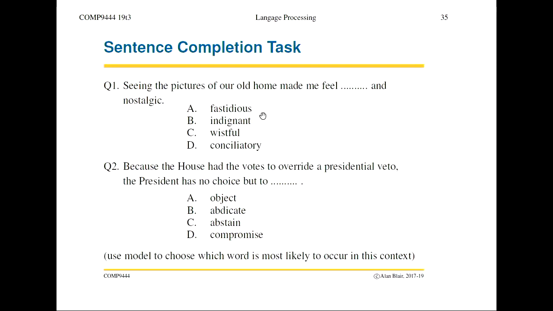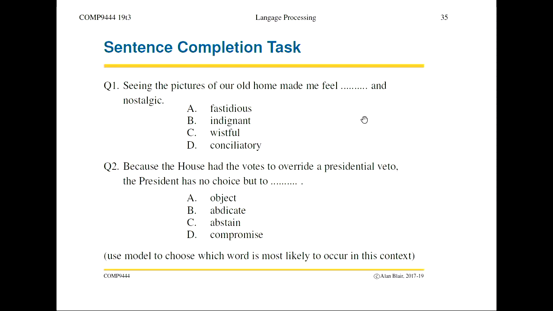So what can we actually do with these word embeddings? Well, we'll talk later about how we can use them in combination with LSTMs and so on. But another thing we can do, and this in a way is just a bit of a test to see whether the word embeddings are good or not, is we can use them to try to answer questions that you sometimes see on IQ tests.